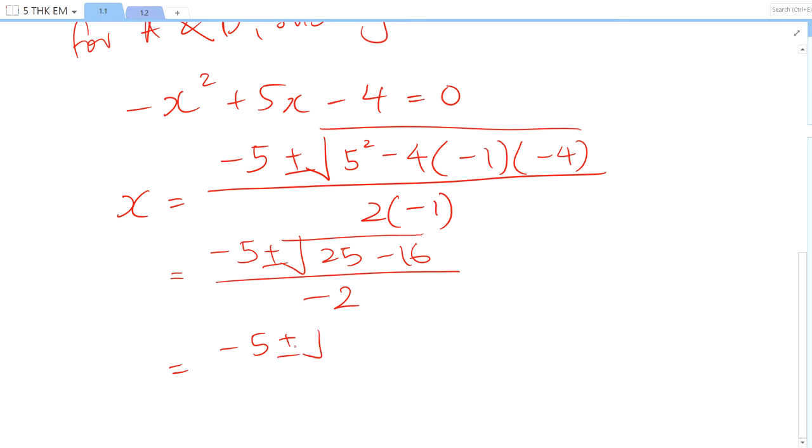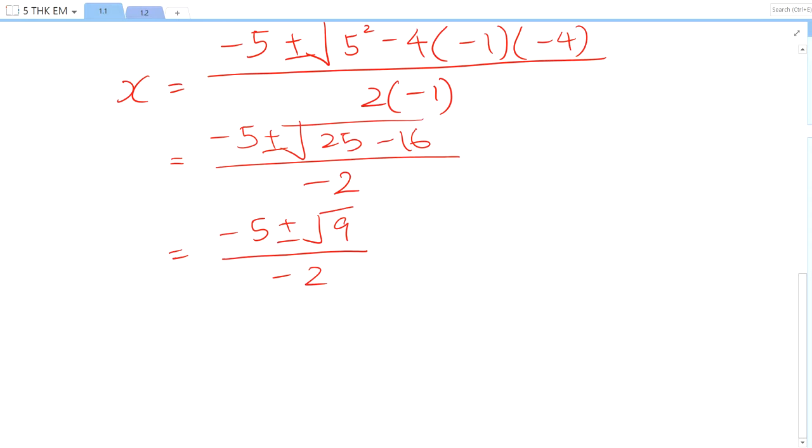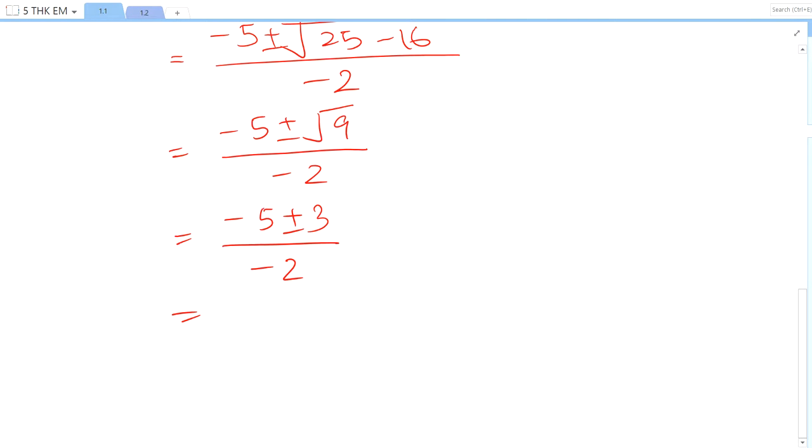Negative 5 plus minus square root of 9 over negative 2. Negative 5 plus minus 3 over negative 2. Negative 5 minus 3 is negative 8 divided by negative 2, we get 4, comma, negative 5 plus 3, negative 2 divided by negative 2 is 1.